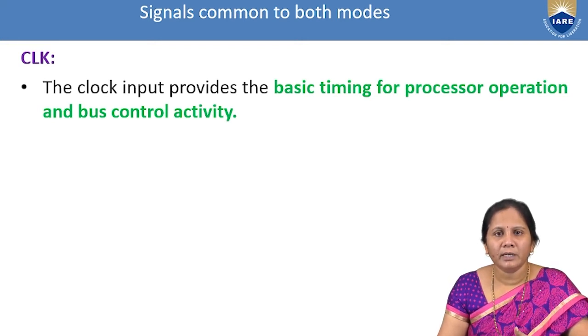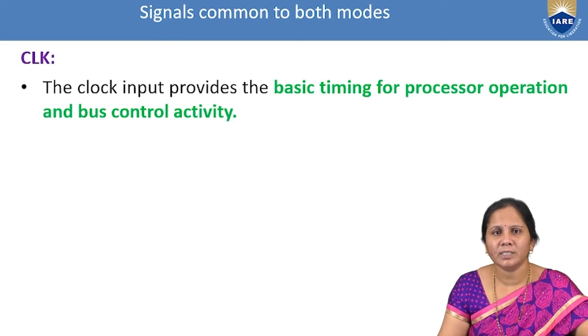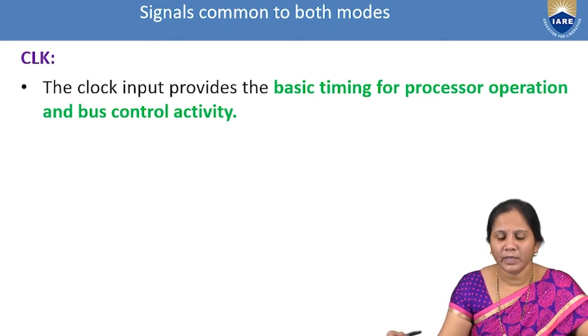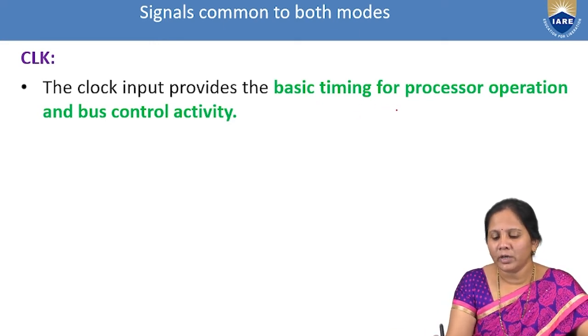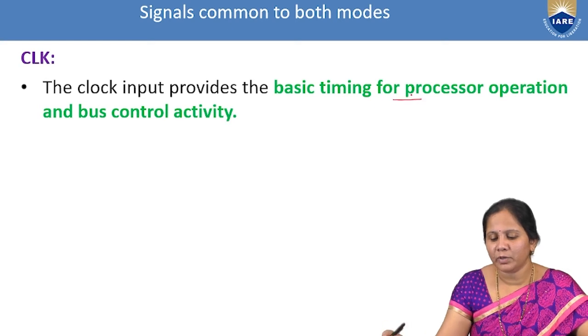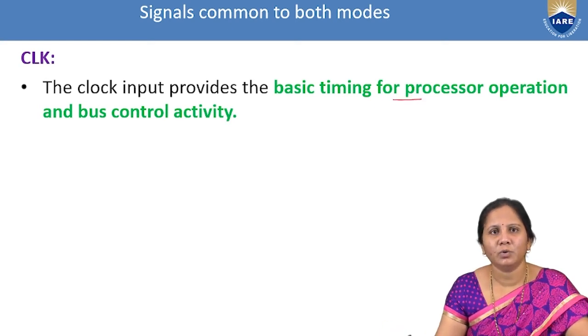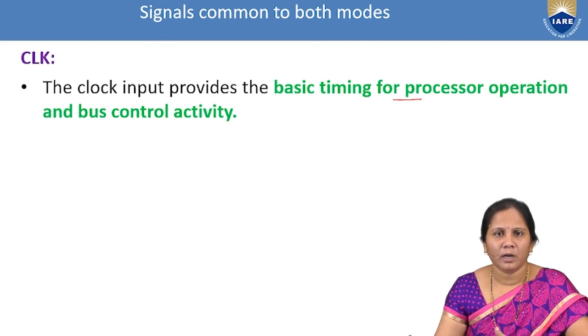But out of all these oscillators, only the crystal oscillator is preferred to produce the frequency, because it has high stability. Because of high stability, the crystal oscillator is preferred. The clock input provides basic timing for the processor operation and bus control activity. For the 8086 microprocessor, whatever we are using, generally it will have 8 MHz frequency.